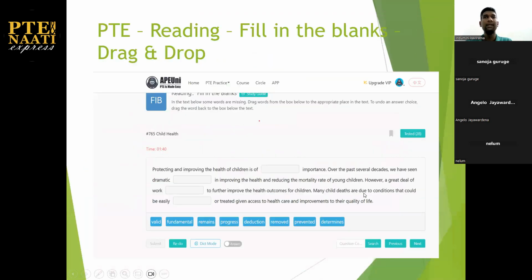For an example, the question would be something like this. Reading, fill in the blanks, drag and drop. They will be giving a passage like this, and there are 4 blanks here, and the answers in this type of question will be displayed on the bottom of the question. That's why it is known as drag and drop.